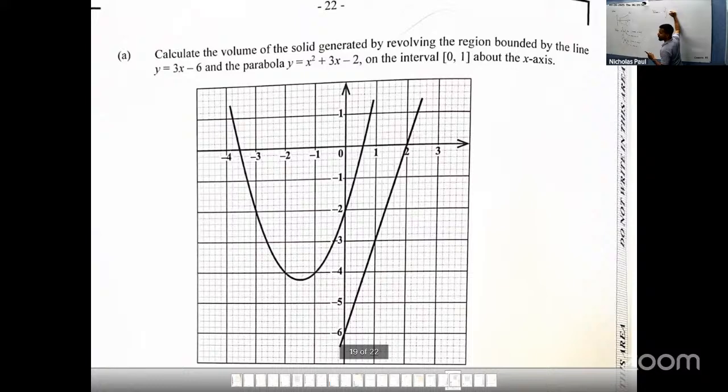The one in front will be 3x minus 6 squared. And then you have x squared plus 3x minus 2 squared. Those are the functions that you're squaring. Please work out inside the brackets first and then work it out.